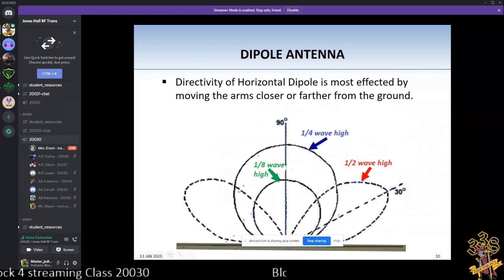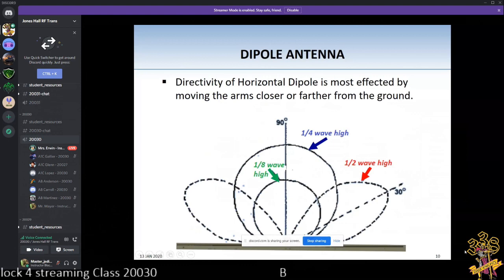Now, you notice it's more omnidirectional, but it's not transmitting as far because now your energy is getting spread out in a more 360-degree area. And if you bring it even closer to the ground, like 1/8 of a wave, it's even more omnidirectional and your transmission distance is even less. You could lay it on the ground, it would transmit, it just wouldn't transmit very far.